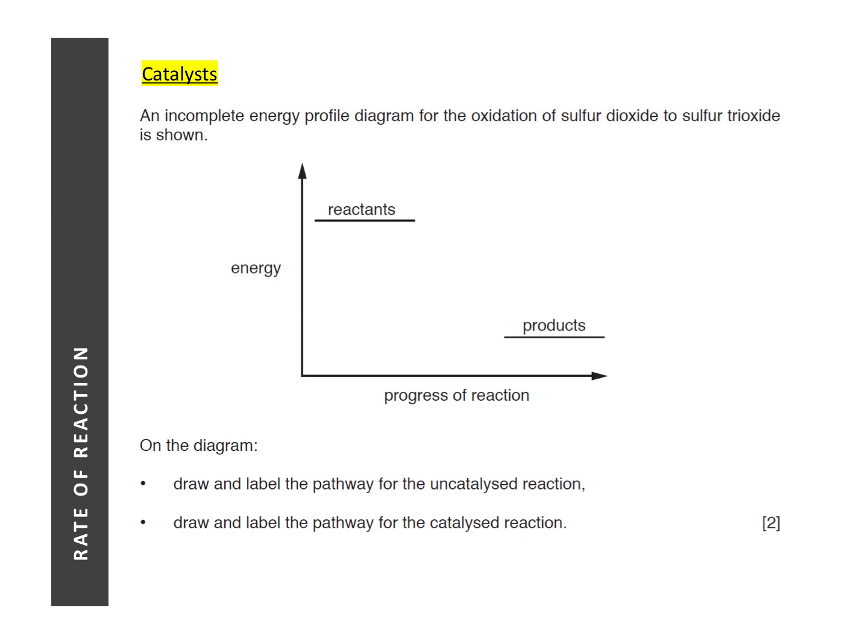So over here we are asked to illustrate the effect of a catalyst on the rate of reaction using an energy profile diagram. As stated earlier, a catalyst speeds up the reaction by providing an alternate pathway which involves a lower activation energy. So to draw the energy profile diagram of an uncatalyzed reaction, you would expect to see a greater energy barrier.